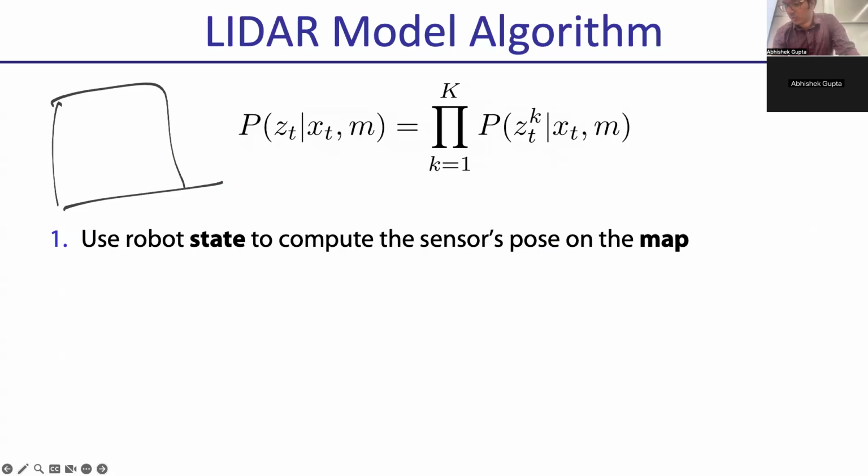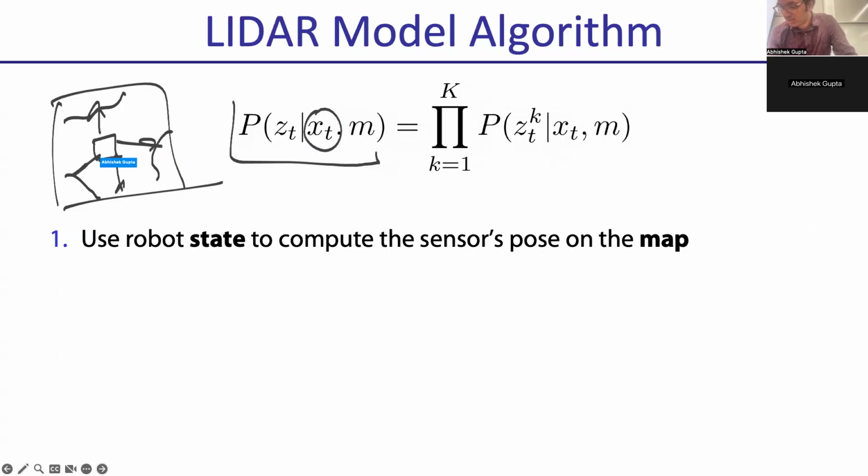Let's say you're trying to compute the sensor model for some x_t. You put your robot in the map, take the true obstacles, and compute the true distance in different directions, right? That's the true distance z_t^k star. And then you're going to add the 4 sources of noise we just talked about. So to compute z_t^k star, you put your robot in the true map and measure the distance to obstacles in different directions.